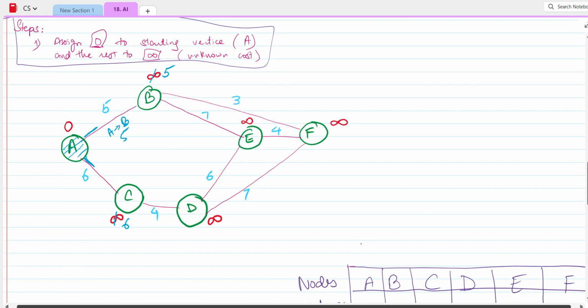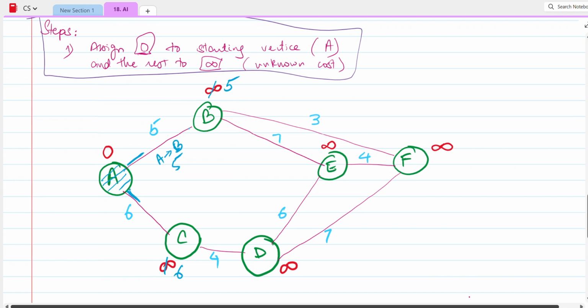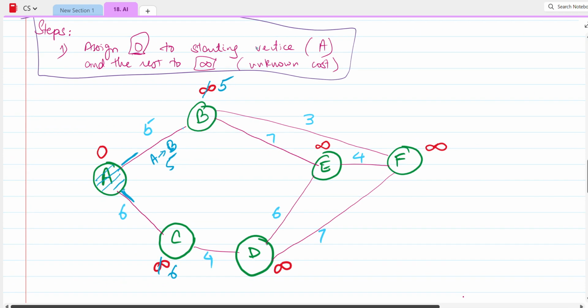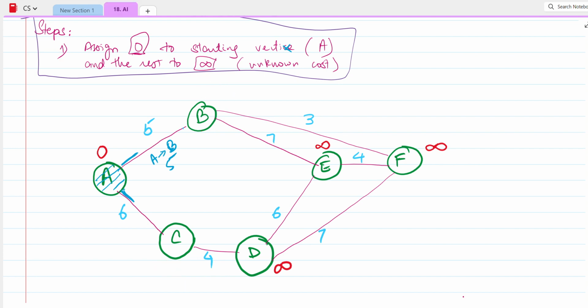Now the first step that you have to do is to assign 0 to the starting node or the starting vertex, which in this case is A, and the rest of the values should be infinity. Infinity means that we don't know what the value will be, it's an unknown value at that point.